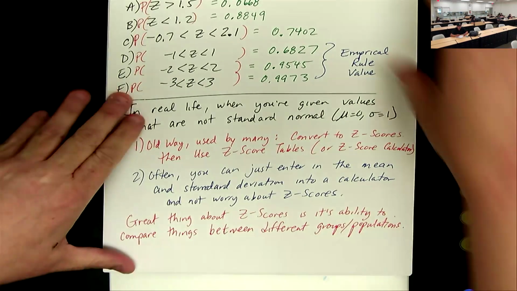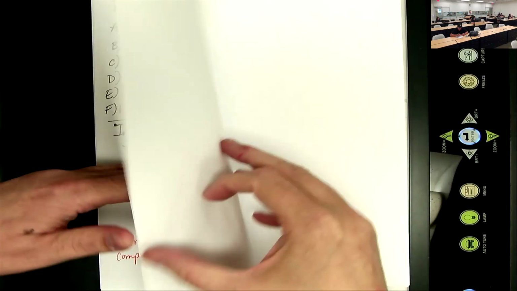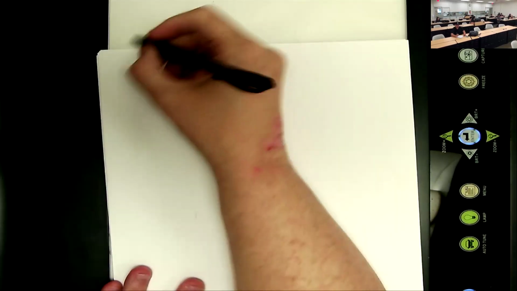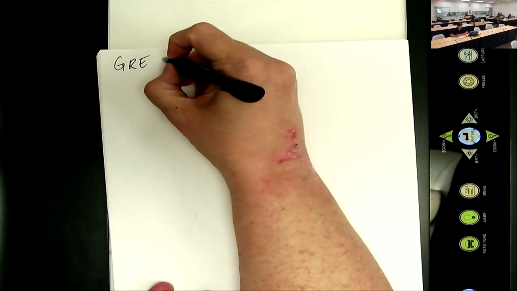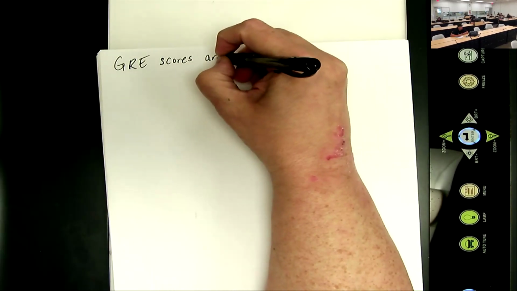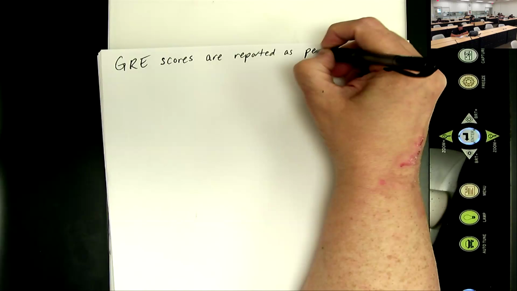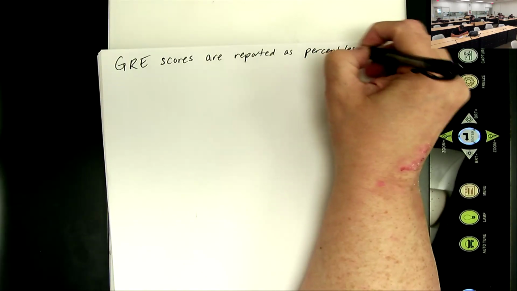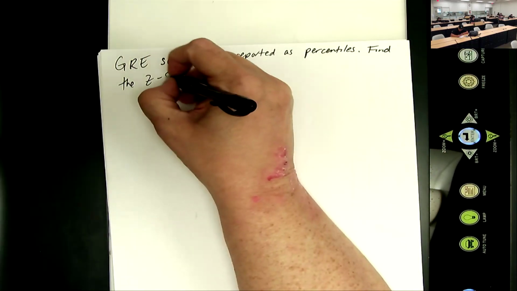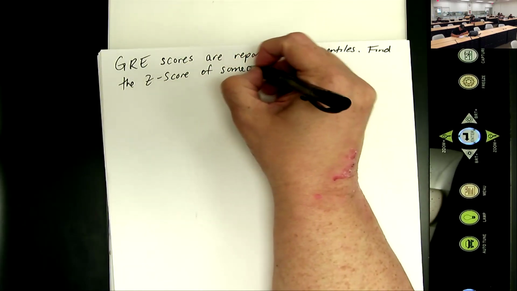Alright, so let's look at a few examples. GRE scores are reported as percentiles. Find the Z-score of the 88th percentile, someone in the 88th percentile.